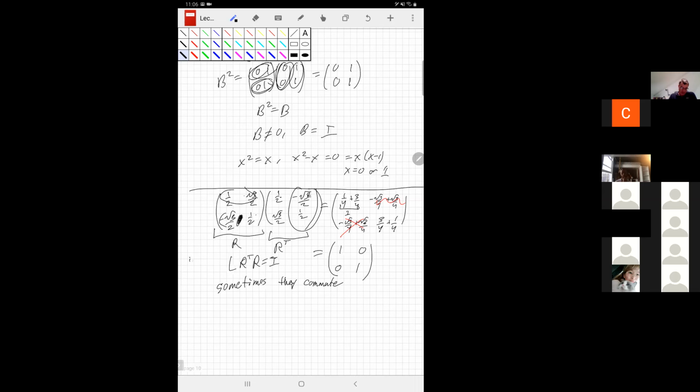Some of you are about to say, hey, does that mean that anytime I multiply a matrix by its transpose I get the identity? Absolutely not. Just in this case. Matrices commute with their own inverses. For now, I'm not doing general rules.